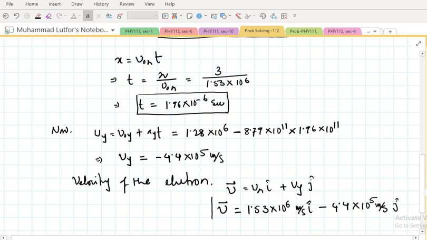So at that velocity, the electron is going to strike the screen. That's the answer to this question.